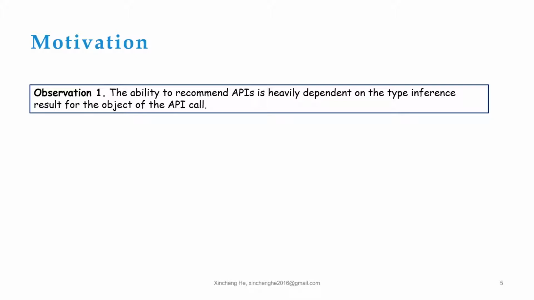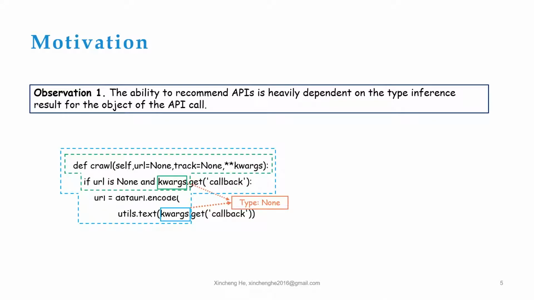Firstly, the ability to recommend APIs is heavily dependent on the type inference results for the objects of the API call. Consider the example on the slide, which gets data from a URL. The URL is requested after the object calls requests callback function by calling the API get. IntelliCode produces no recommendation for the recommendation point of quotes.